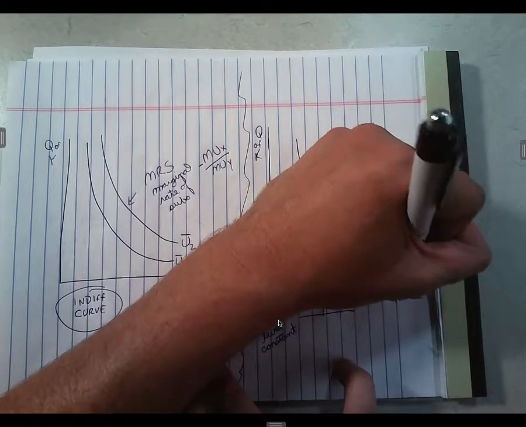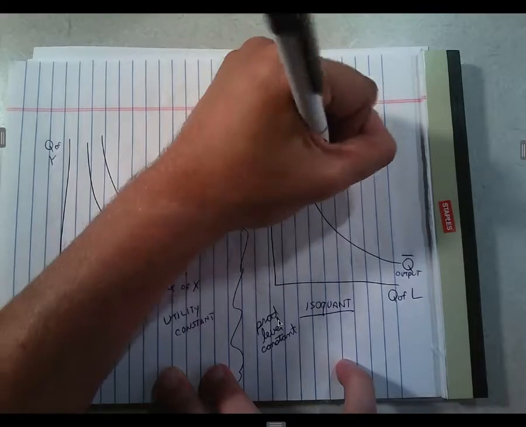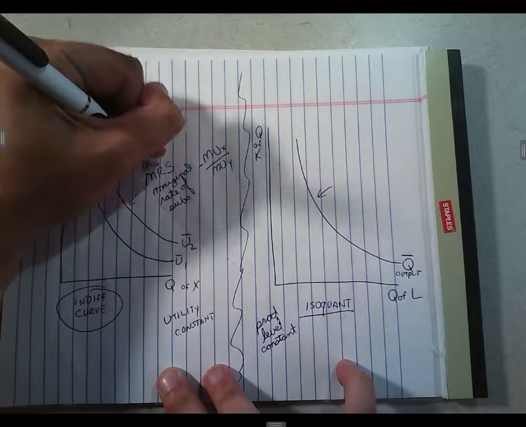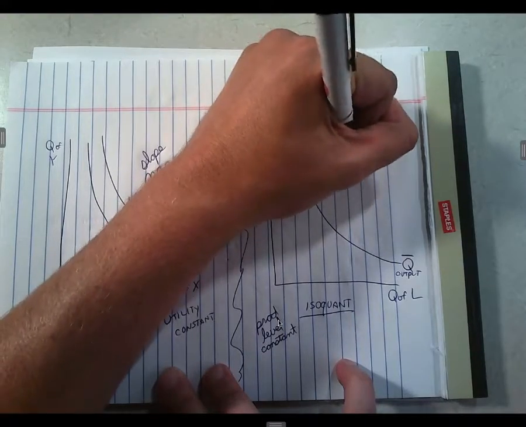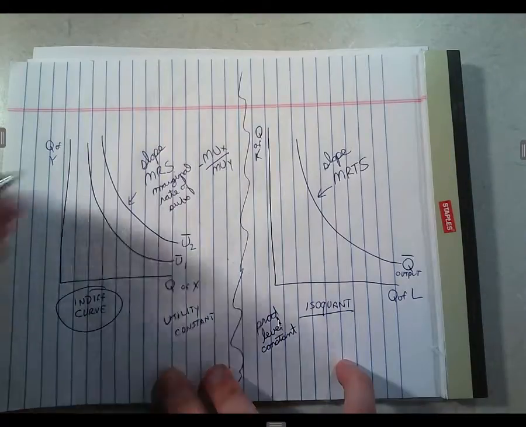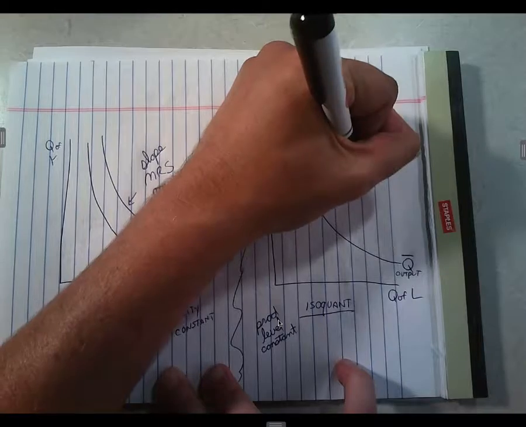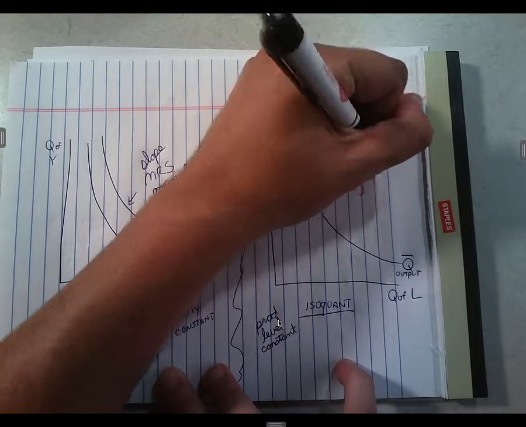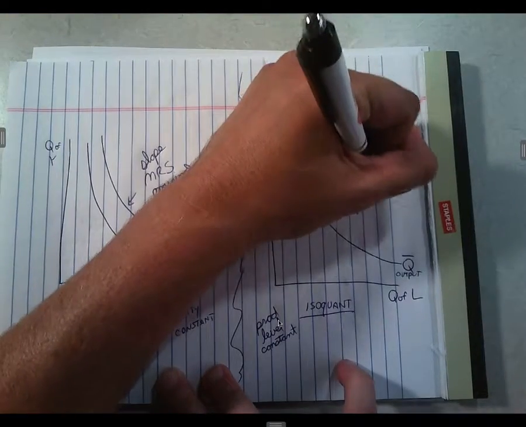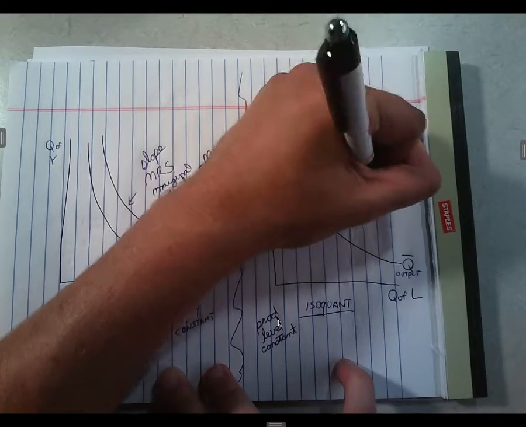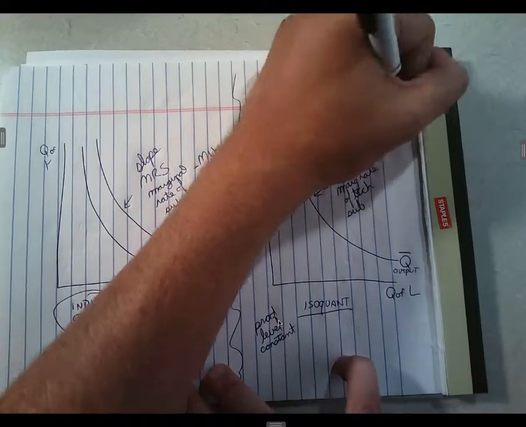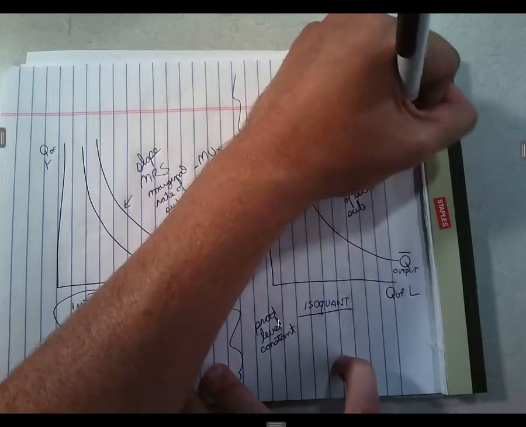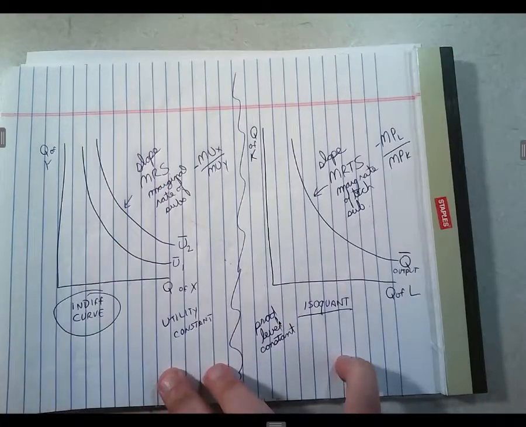So here's my output being constant, and the slope is now what we're calling our marginal rate of technical substitution, which is equal to the negative of my marginal productivity of labor over my marginal productivity of capital.